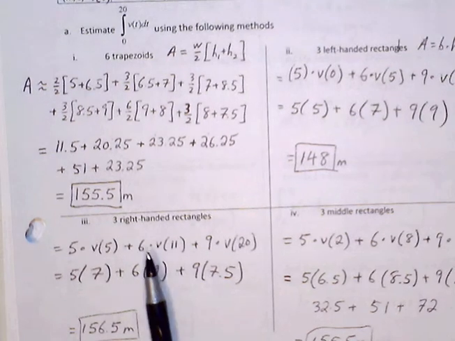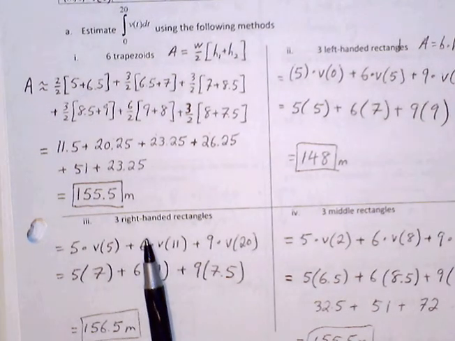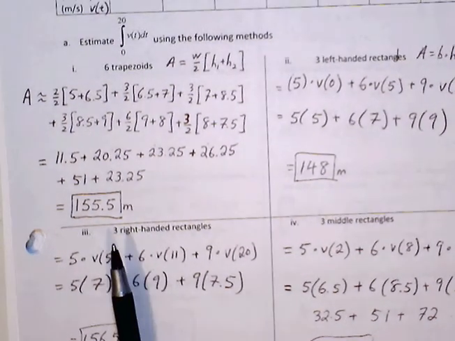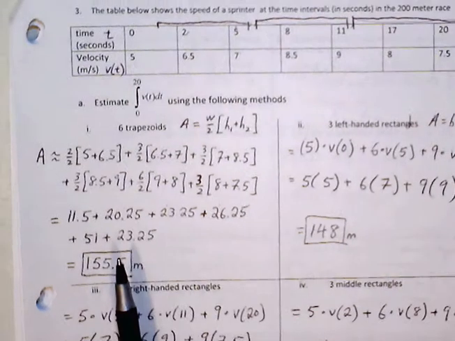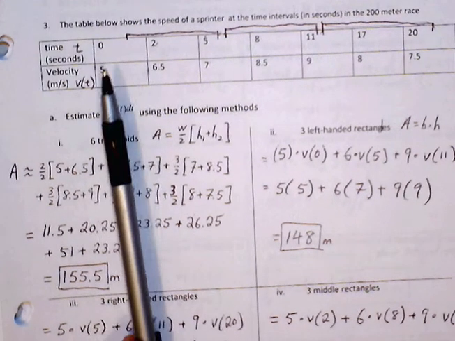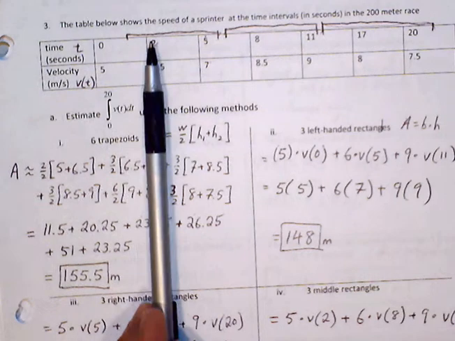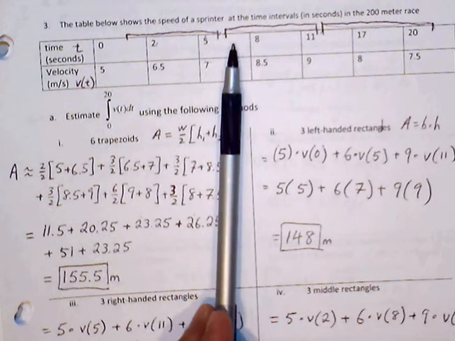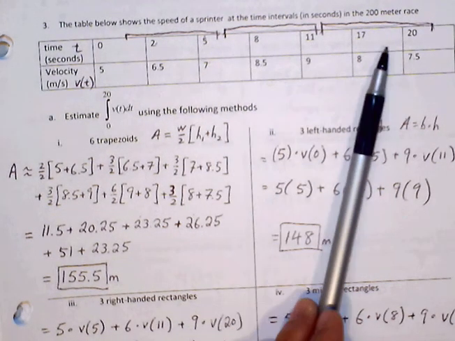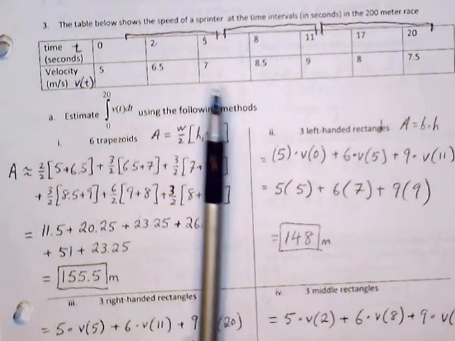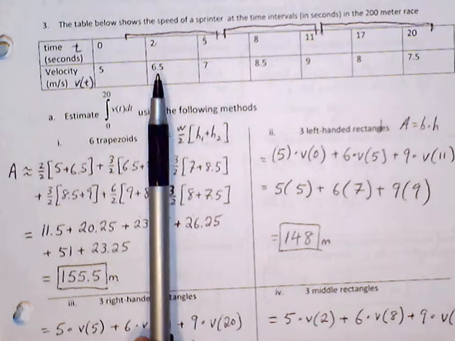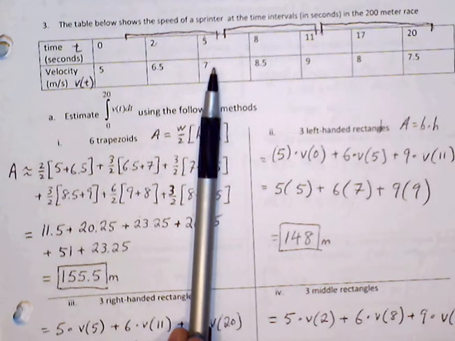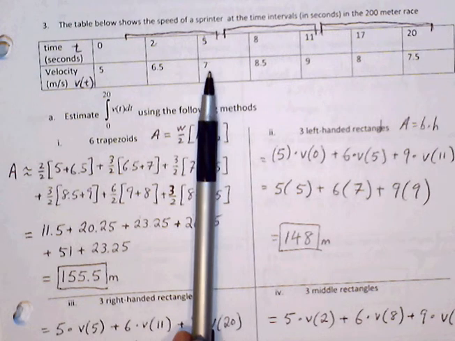Part 3, 3 right-handed rectangles. So the interval is going to be the same. Still 3 subintervals, so we're still going to use the same widths as before, 5, 6, and 9. Now we're going to be choosing the upper right corner of each rectangle.